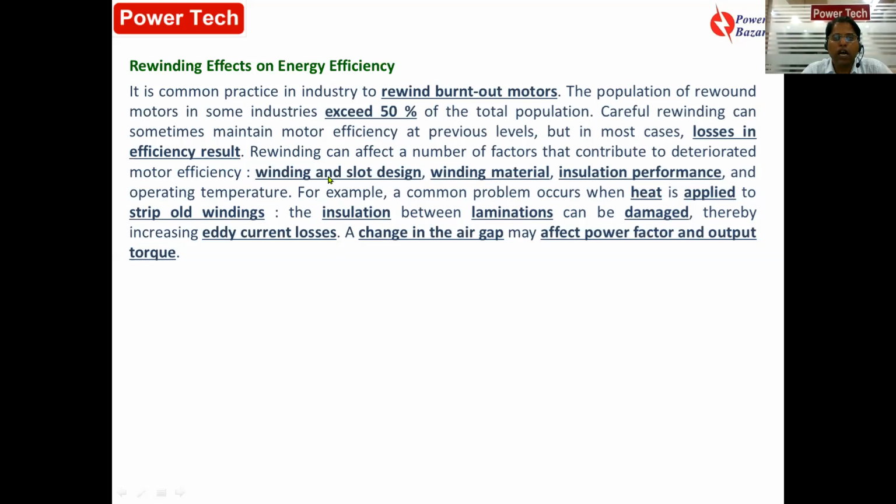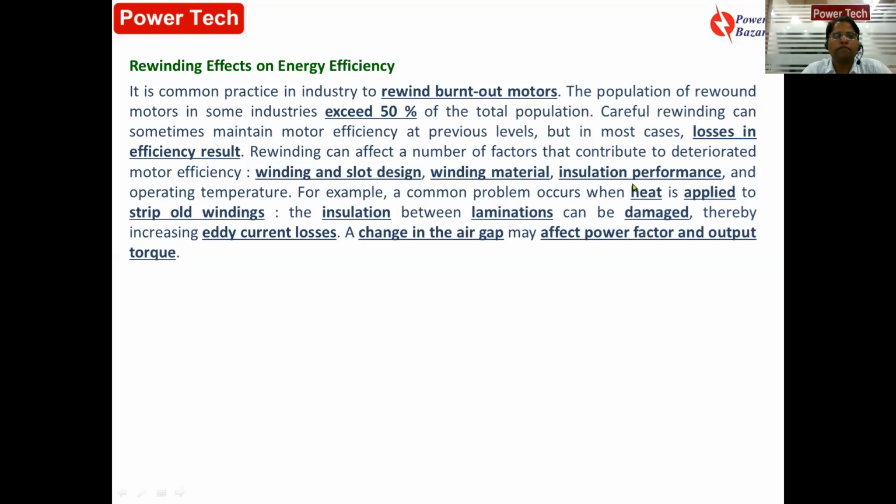Due to bad rewinding, they might not have tools to remove the core from the motors. The winding slot design may get changed. They may choose inferior quality winding materials, copper or aluminum, due to which the resistance of the winding will be more. They might not use good insulation, so insulation performance may not be optimal.